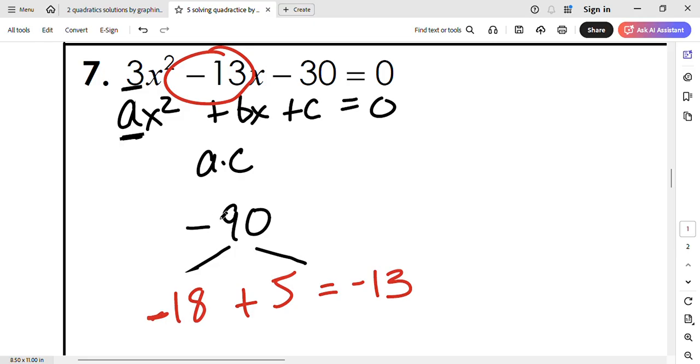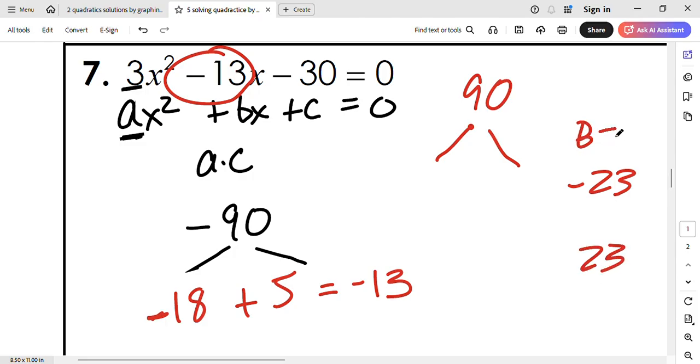Does one always have to be negative? Because it's a negative 90, one of them has to be negative here. Do they both just stay positive? Well, if it's positive, it depends. Like, if I'm trying to add up to, let's say, negative 23 or positive 23, what's my b value? Is b equal to negative 23 or 23? If it's negative 23, I want to do negative 18, negative 5.